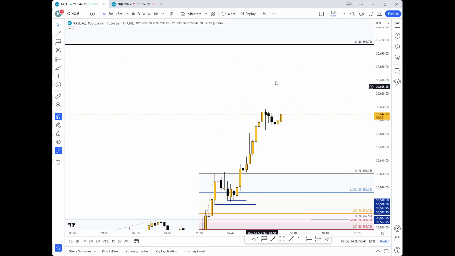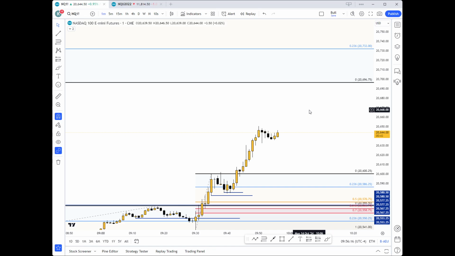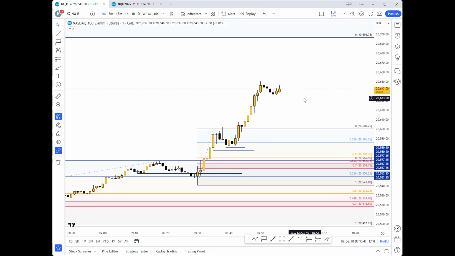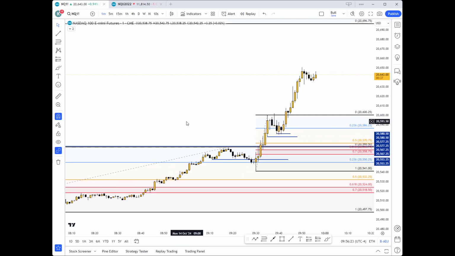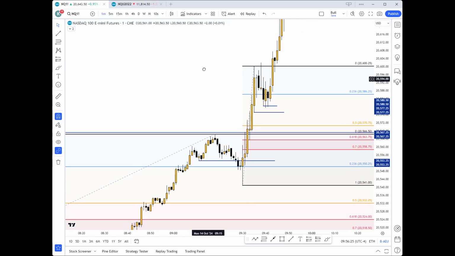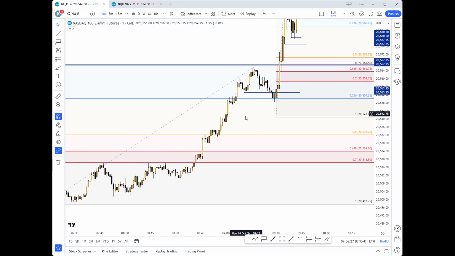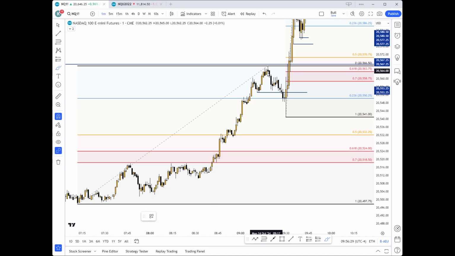Right? So what we're looking at is, usually there's some manipulation and then we go, right? Now I didn't, because of this structure, I wasn't expecting this just to get held up at the high there.